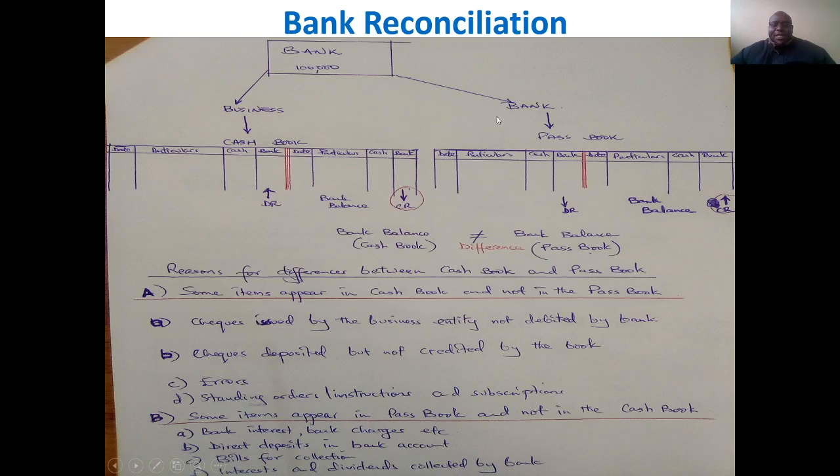If it reaches the bank, it should be debited because we are issuing a check so that we can pay some money to some people, reducing the amount of money in the account in the bank. So the bank, when it receives that, should debit that passbook account. But if it has not reached the bank, it will not reflect that.